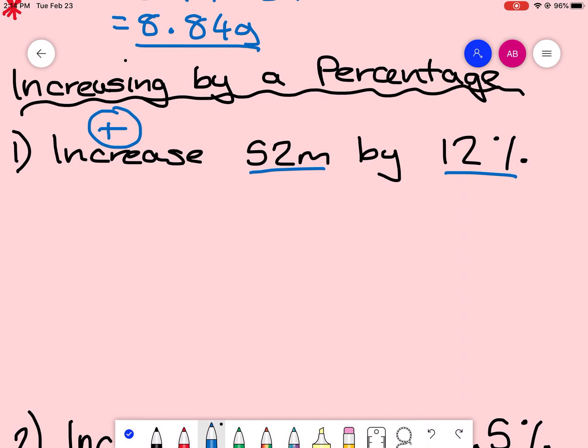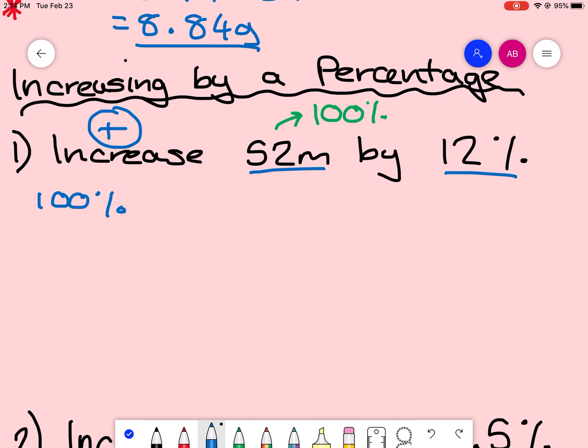How we're going to think of this just now is we are going to think of the 52 in terms of a percentage. So 52 in this case is the whole amount that we are given, which means that that relates to 100%. Now, for each of the questions, both today and Friday, we are going to start with 100%.